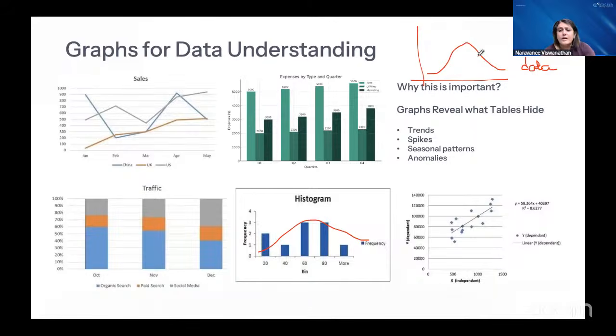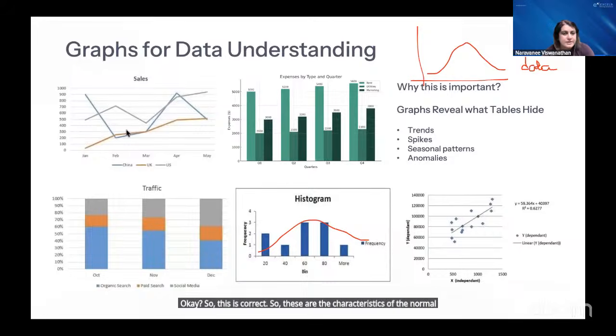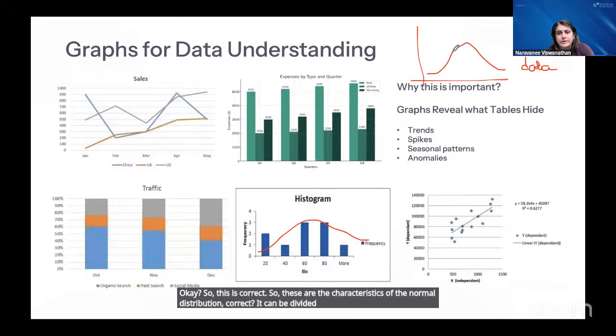Why is this called a normal distribution? Anyone has any idea why this is called normal distribution? What is normal about this? Okay. So this is correct. These are the characteristics of the normal distribution, correct? It can be divided equally, right?